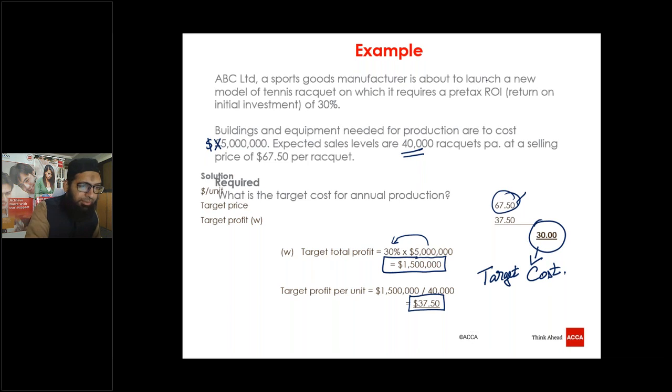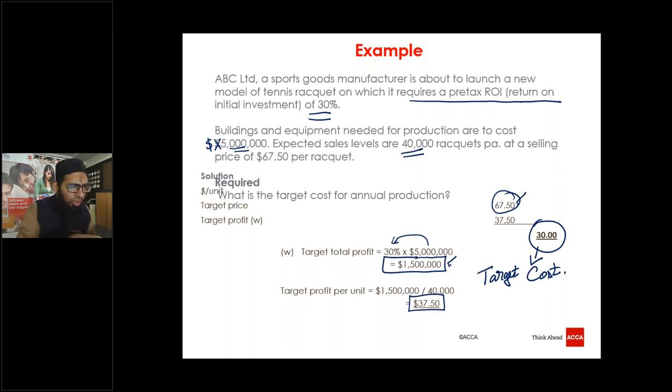So it has said that it requires a pre-tax ROI of 30%. So my investment was 5 million. That means on 5 million, my required level of profit is 30%, and that will be 1.5 million. But that 1.5 million will be for the whole year.